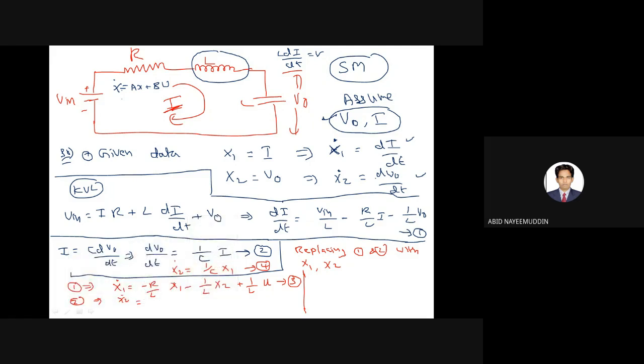So I am representing those two equations in matrix form. X1 dot, x2 dot is equal to matrix times x1, x2 plus this one into U. Here x1 dot is equal to minus R by L, minus 1 by L, and for U it is 1 by L, and for x2 dot it is 1 by C, 0 and 0. It is congested here, so I will write again.